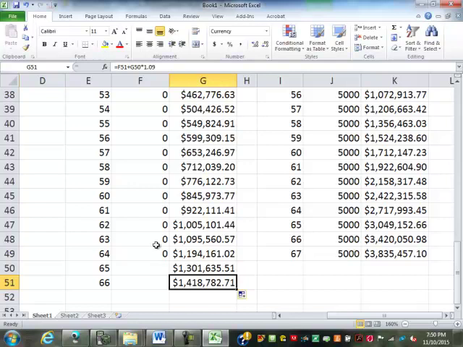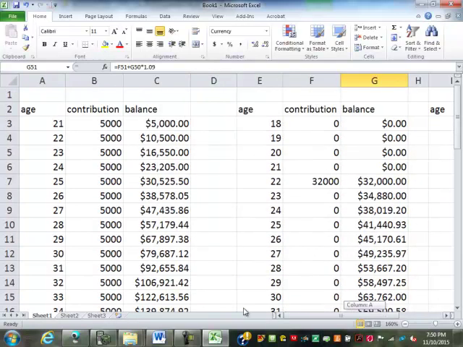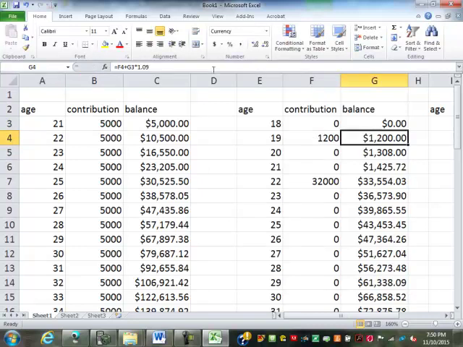They said $1,200 a year, starting at what age? 19. Okay. Do you want me to put the interest rate back up to 10 or 12? You could still do 9 or 10 right now. I mean, over 40 years, you're probably still going to get back up to that 11 or 12%.